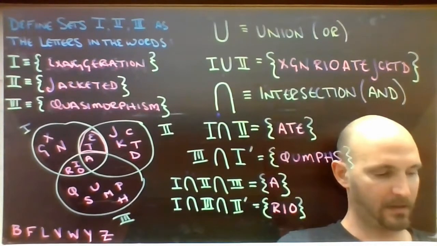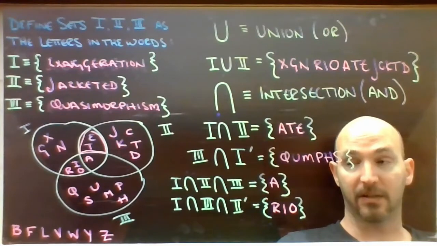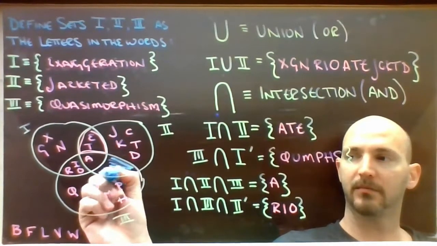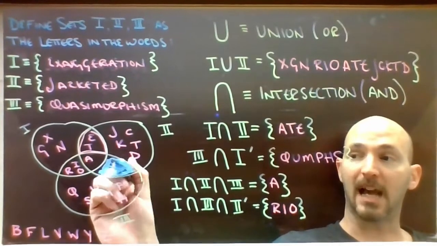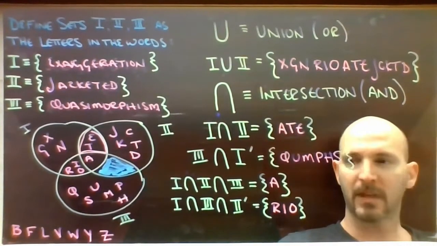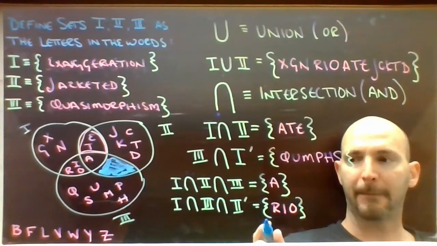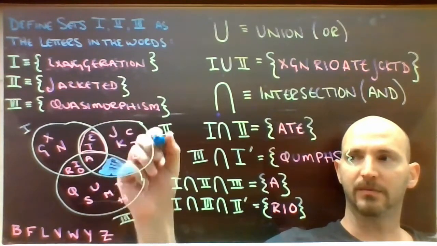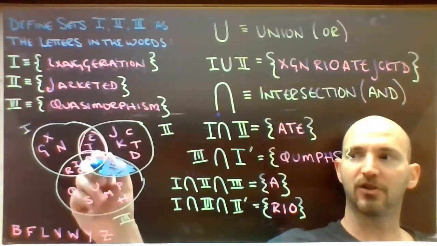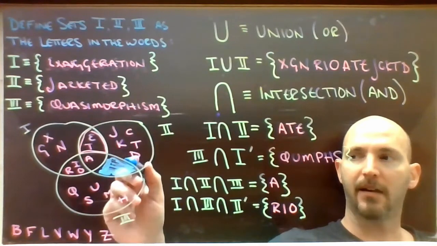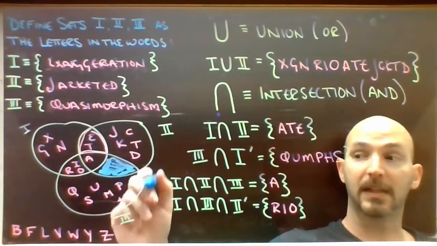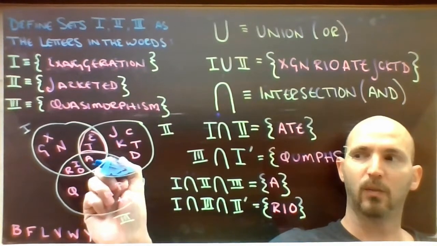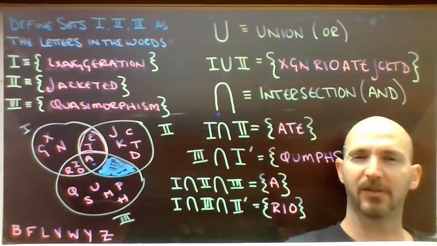Lovely. So the last thing I'd like to do on this particular diagram is to name this segment here. I'm going to pick that one just because it happens to be empty. So that blue spot there, that is in this circle. It would be the letters that are in jacketed. It's also in this circle. Those are the letters in quasimorphism. But it does not include this A, which is a letter that happens to fall in exaggeration.